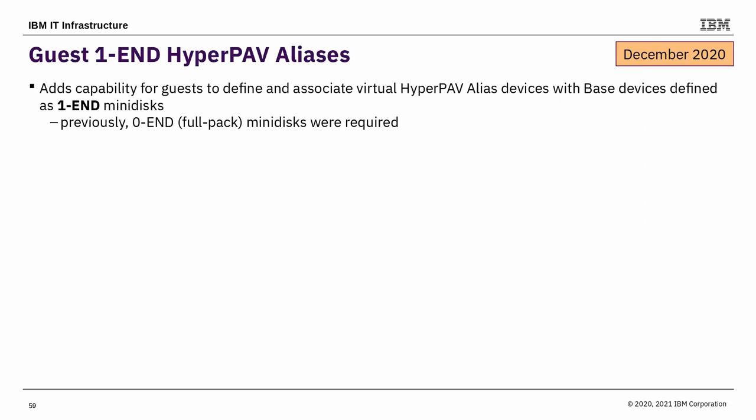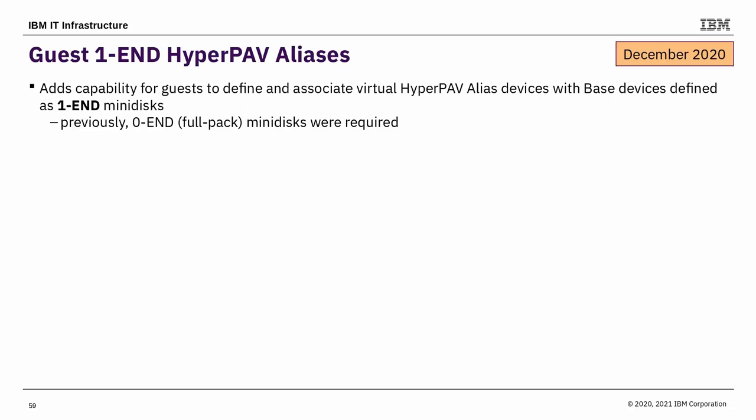Now, if the guest is doing HyperPAV, you need to be attaching the aliases to the guest so that the guest can see the device numbers to issue parallel IOs against. It doesn't help that z/VM has some aliases attached to system if the guest can only see one virtual device.